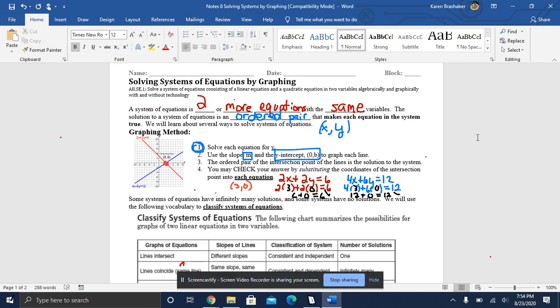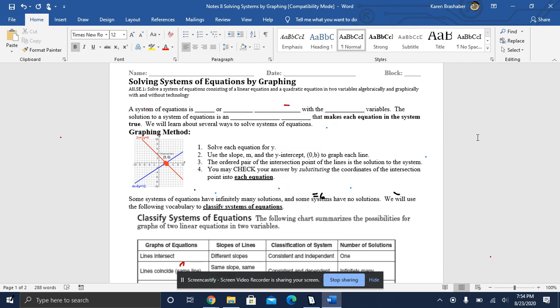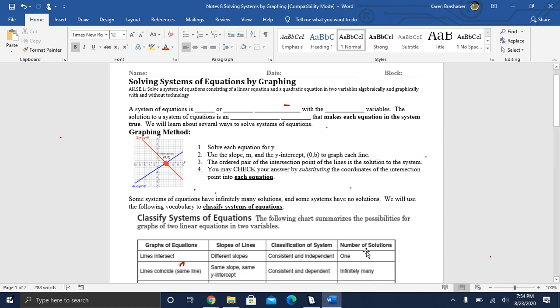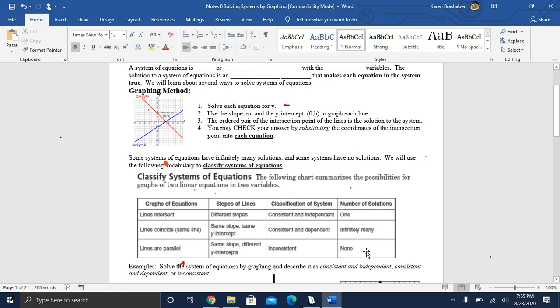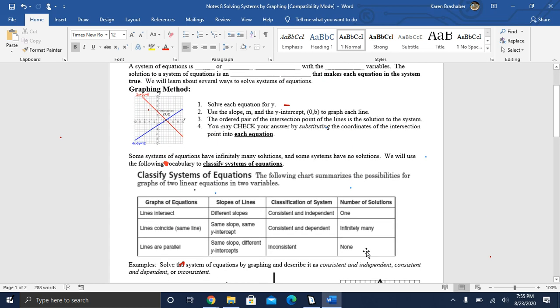And then we have some vocabulary that we would like for you to become familiar with. And that vocabulary is used to classify systems of equations. So to classify systems of equations, I've got a table here for us to look at.